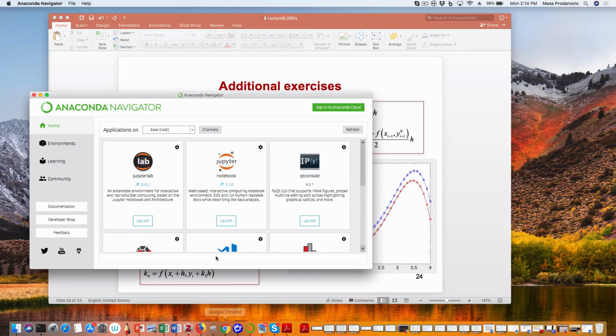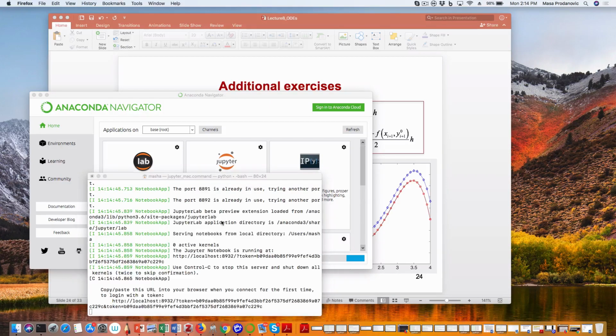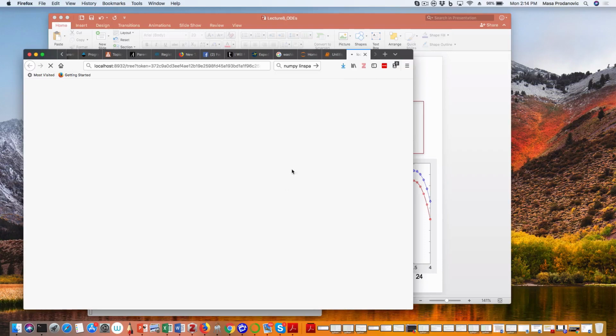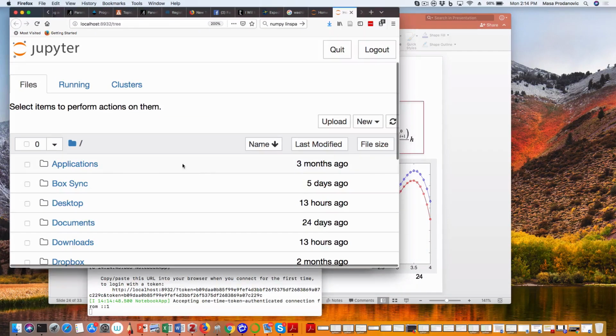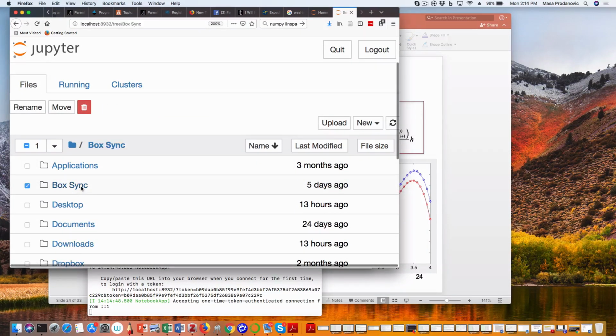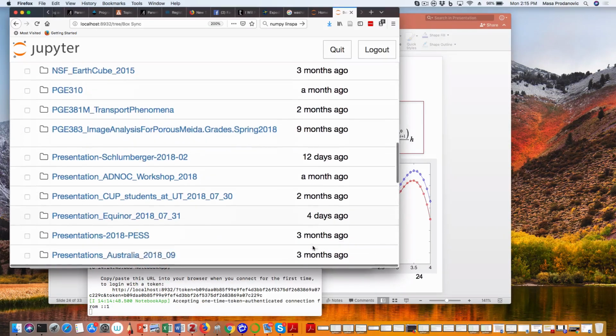So I'm going to start up Jupyter, and I'm going to walk over to Lecture 8.